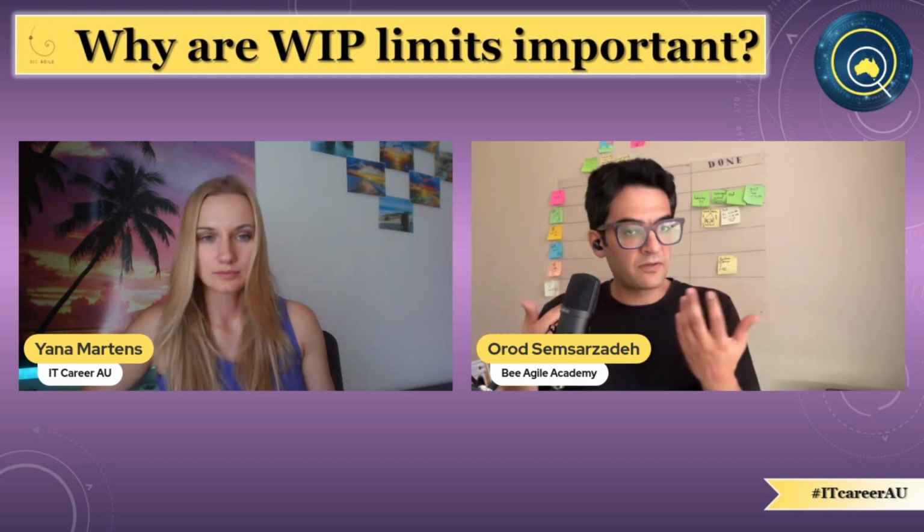That means this person is already overloaded, so there is no point for me to push to the next person and start new work. Now the question is: is there anything I can do to help the next person? Or maybe I can start working on something that doesn't need to go through the next person, because there are different types of work. Having the WIP limit helps us stop starting new work and focus on what we already started, and eventually deliver something more valuable to the customer, rather than focusing on each individual and keeping them busy and utilized.